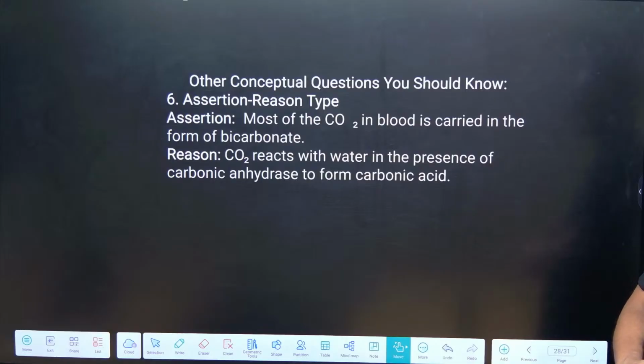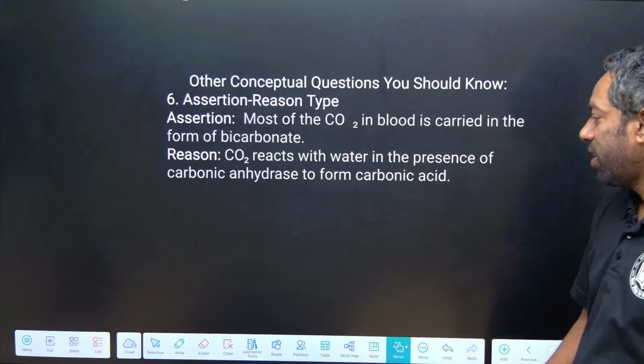Assertion and reason type. Assertion: most of the CO₂ in blood is carried in the form of bicarbonate. Reason: CO₂ reacts with water in the presence of carbonic anhydrase to form carbonic acid. Okay.